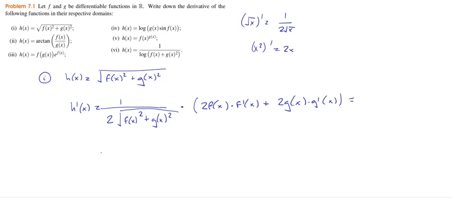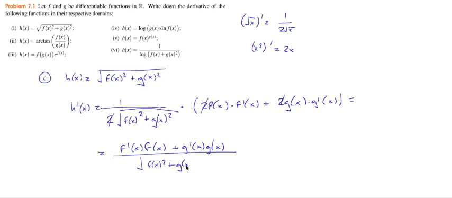Now if we do some simplifications of the 2's, you get f prime at x times f at x plus g prime at x times g at x divided by the square root of f squared plus g squared. This is the derivative that we're searching for.